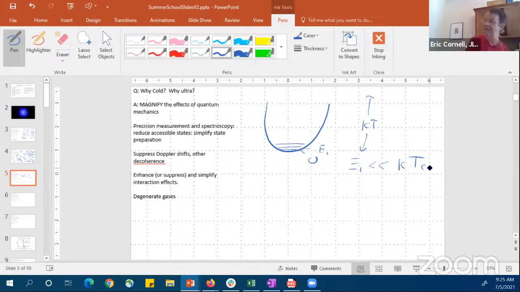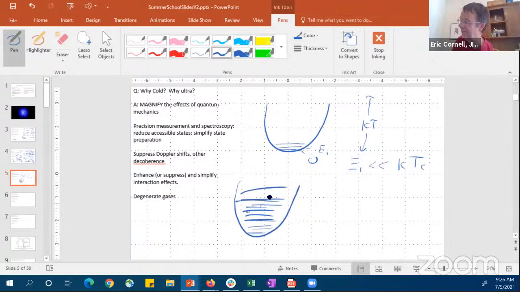Where does that miracle come from? Well, we have many, many states, and correspondingly many, many atoms.